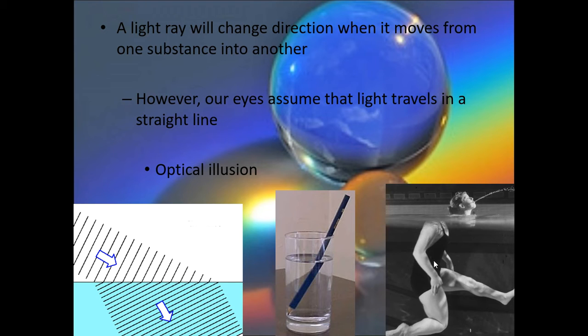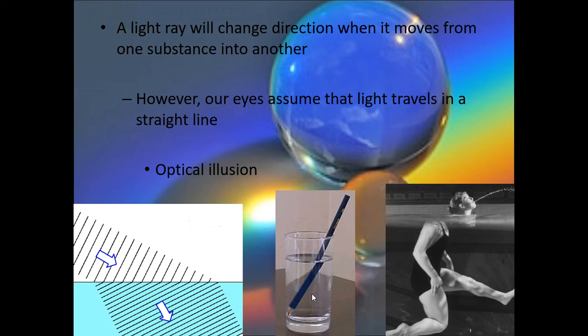Obviously, above water, light goes straight forward, but when the light hits the water, it bends towards the left. That's the reason why you see the person on the left side instead of seeing a whole body.